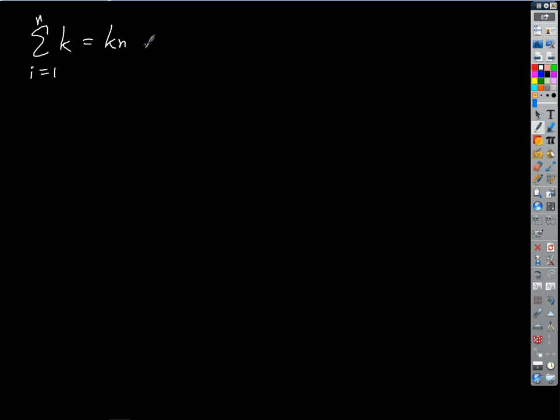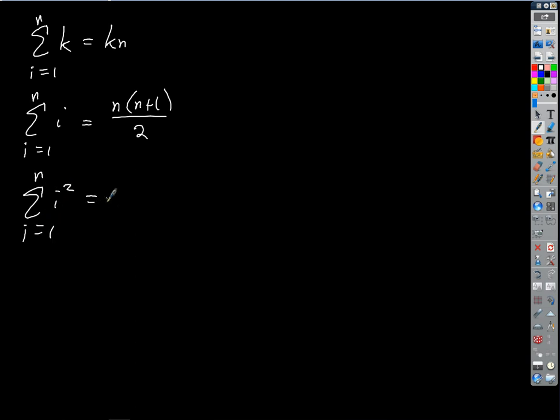The sum of i from 1 to n is n times n plus 1 over 2. Good.